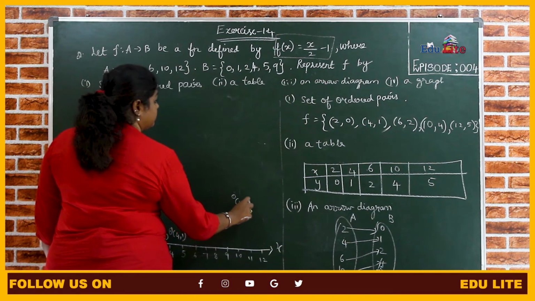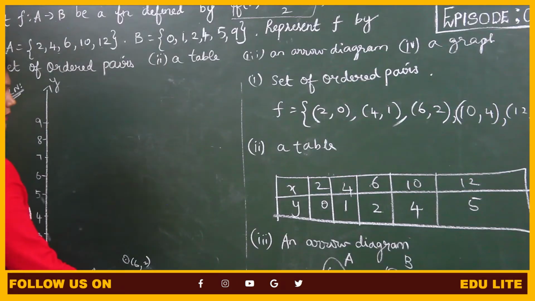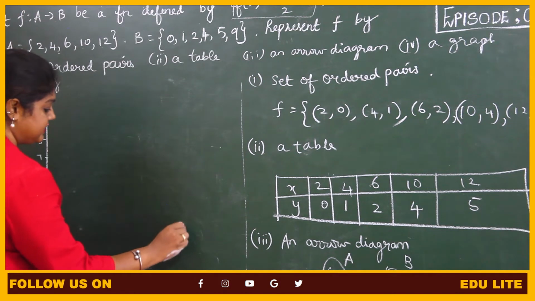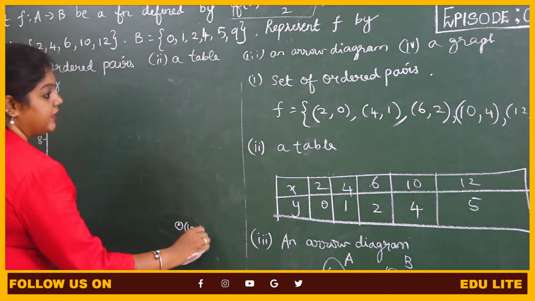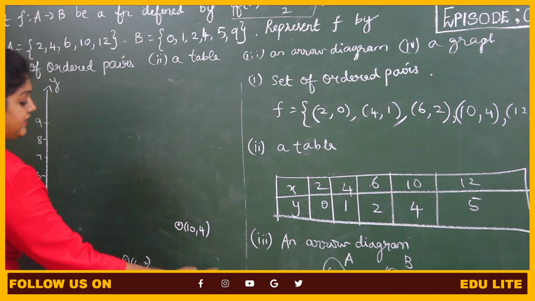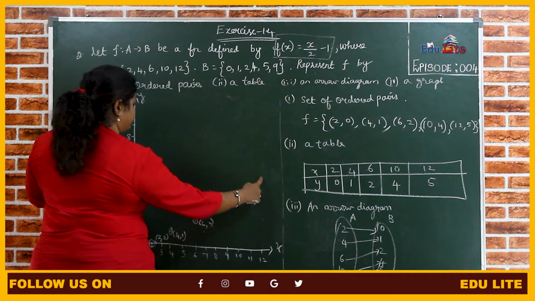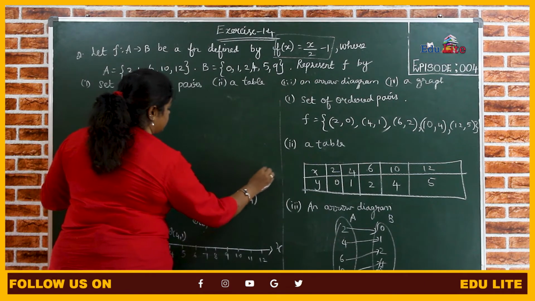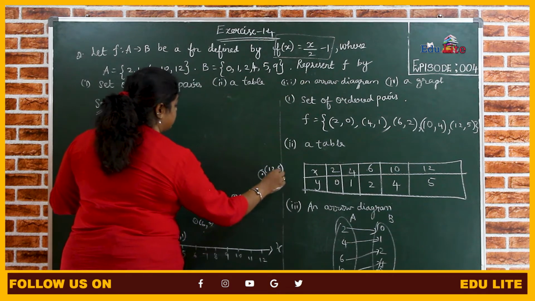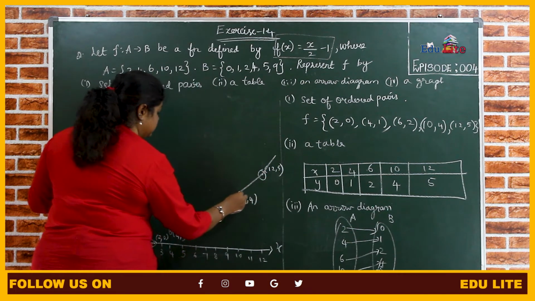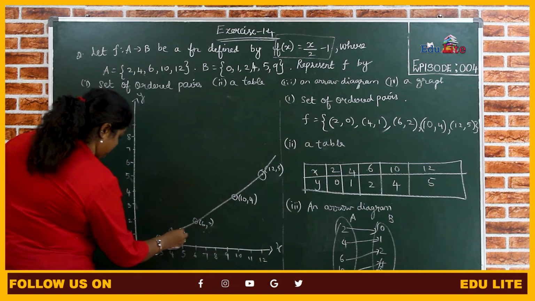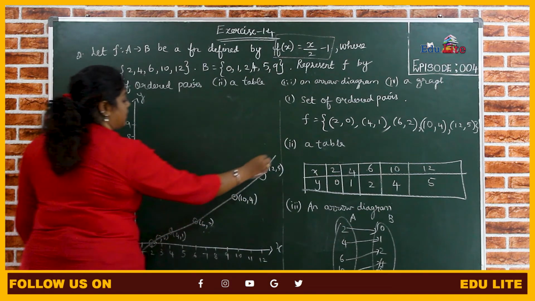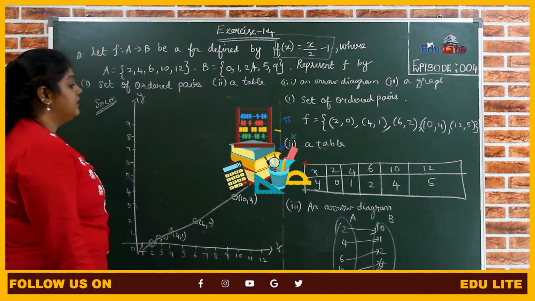Last point is 12 comma 5, 12 at x and 5 at y. So we have to join the points we plotted. So this is how we represent a given function in a graph.